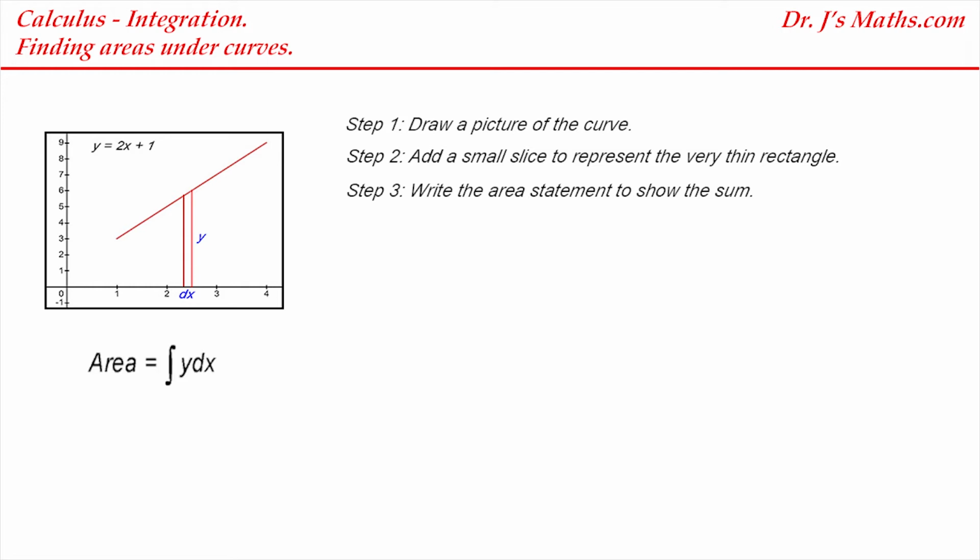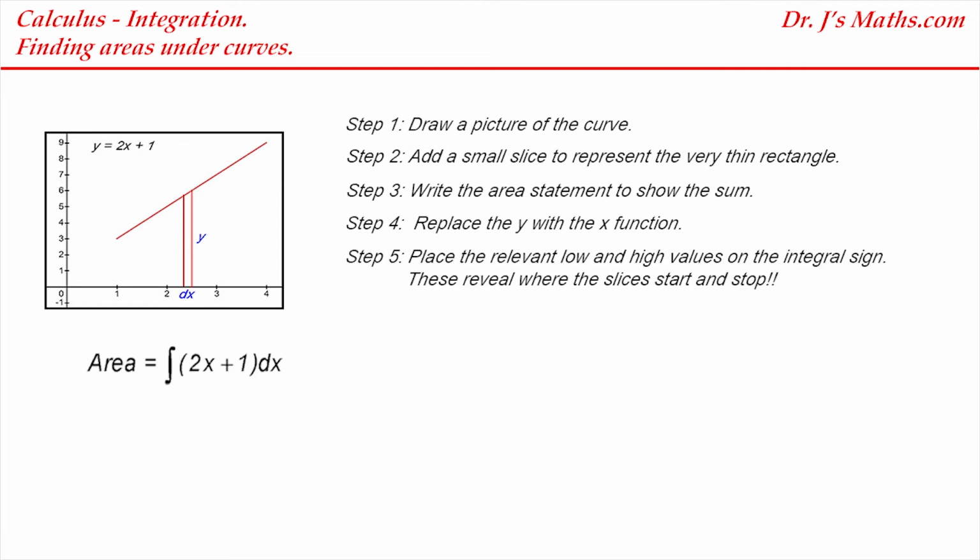So that's going to have the integral sign of y times dx. And then step 4, we're going to replace the y with the x function. So it's now going to be the integral sign of 2x plus 1 dx. Then we place the relevant low and high values on the integral sign. So at the bottom, we're going to put our 1 and at the top, we're going to put our 4.